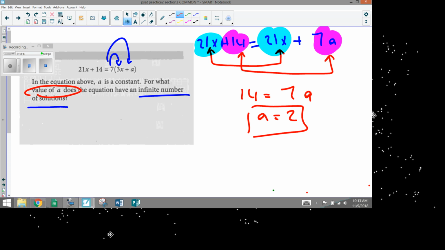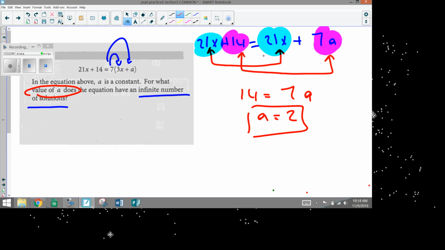We need to understand the question deeply. We need to understand the question better. So it's saying infinite number of solutions. What does that mean? Whatever you plug in for x should satisfy it, because we have an infinite number of solutions. Let's try that. Try 0 for x.